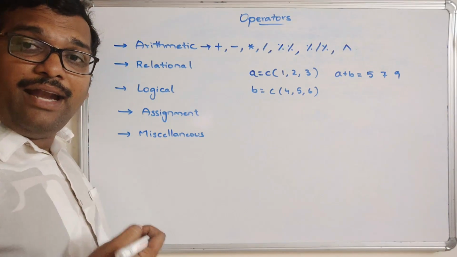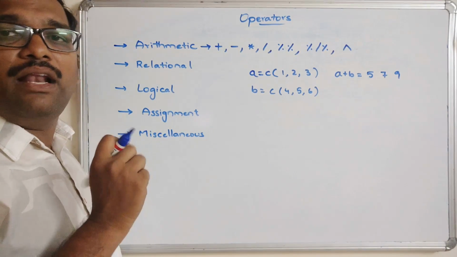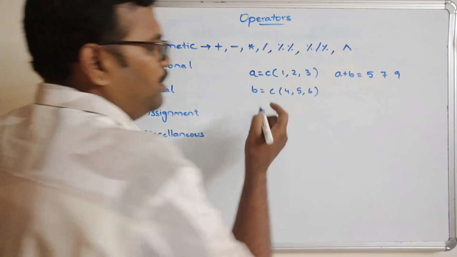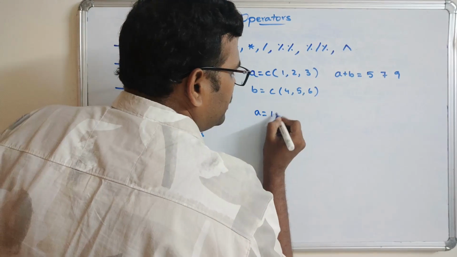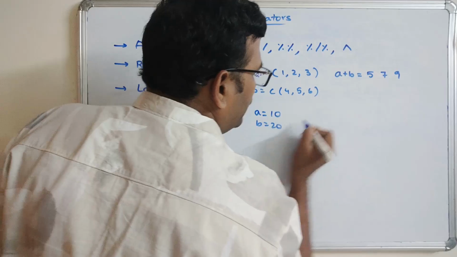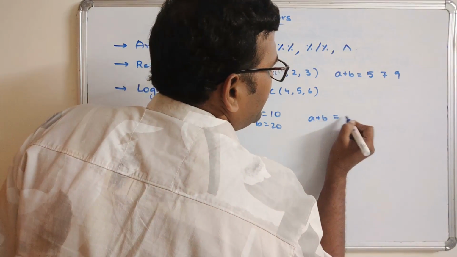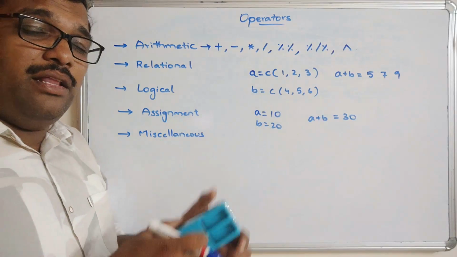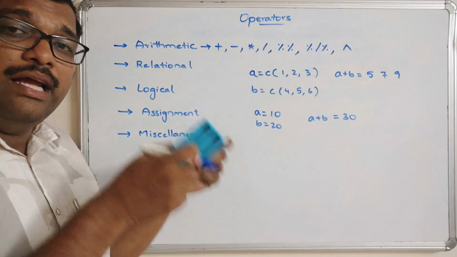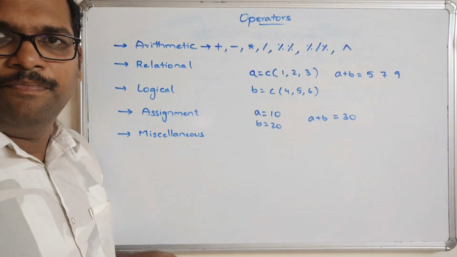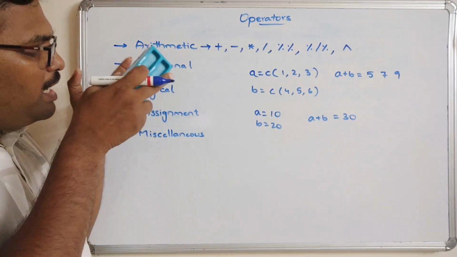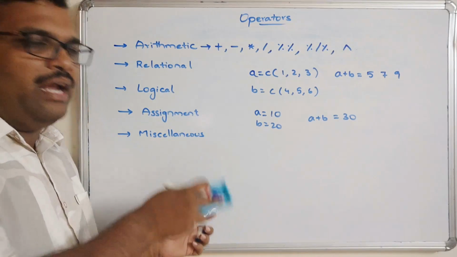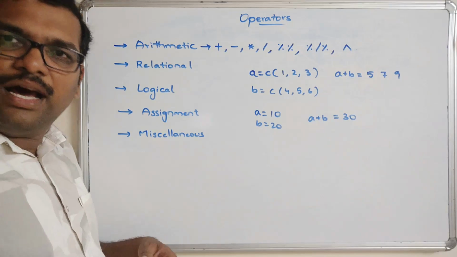So it will add the individual elements of the vector. If it is a normal variable, if a is 10 and b is equal to 20, obviously a plus b will be 30, right? If it is a vector, the operation will be applied to individual elements of the vector. Don't worry, I'll give you just the introductory part now, and we'll see the implementation in R Studio.